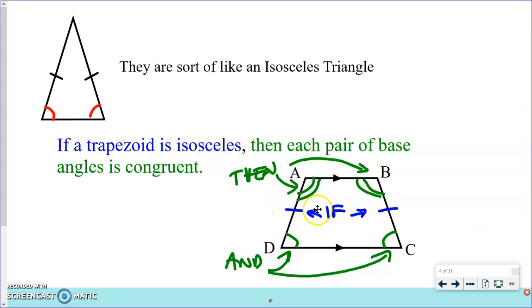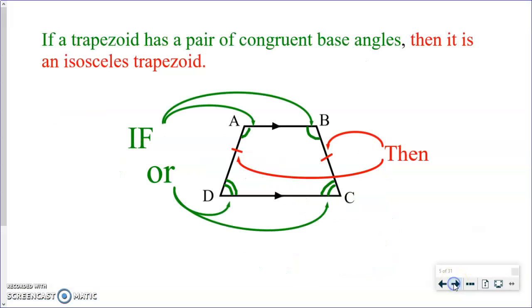So if this is isosceles, and that's what these congruence marks on the legs mean, then these two angles are going to be congruent, A and B, and D and C are going to be congruent. You can turn that around, and if you know that one of the pairs of base angles is congruent, then that means it has to be isosceles.